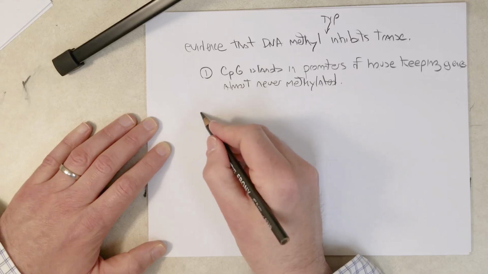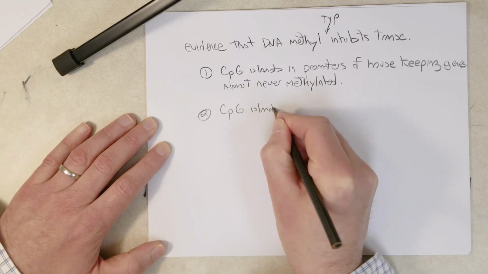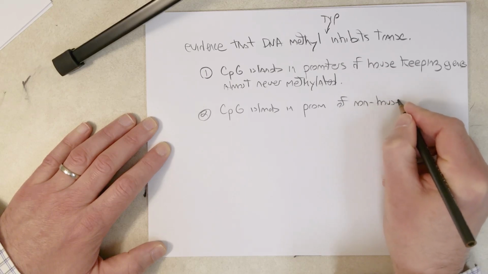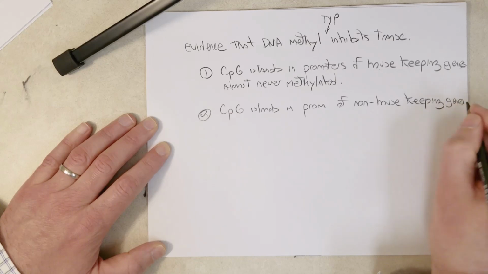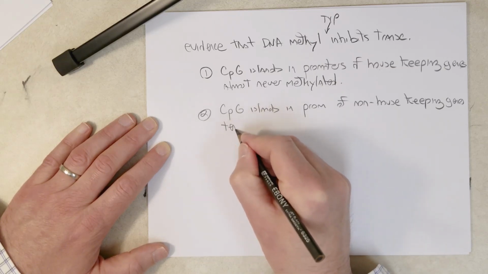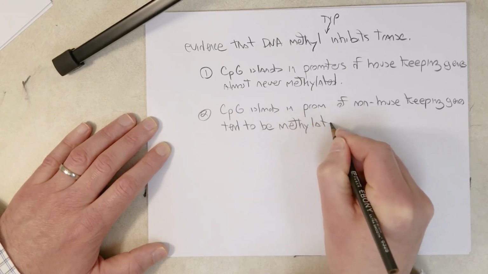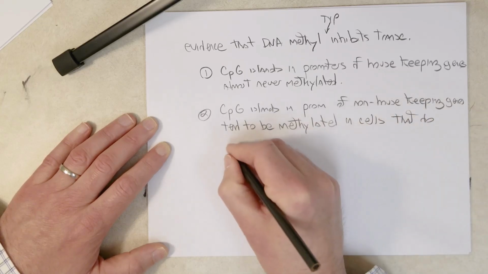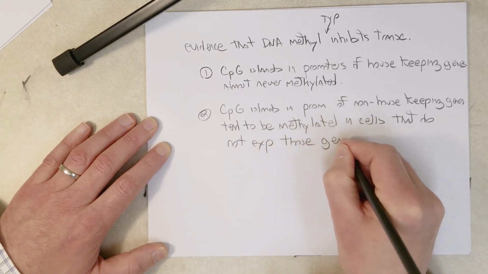But importantly, what goes with this first finding is that CpG islands in promoters of non-housekeeping genes, so these are genes that don't need to be on in every cell, tend to be methylated in cells that do not express those genes.